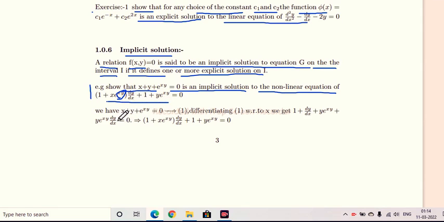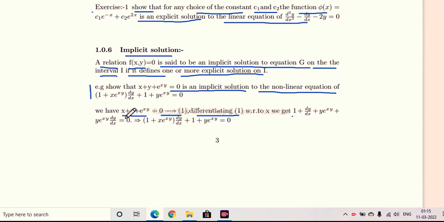Now check. Since we have the given equation, call it 1, differentiating 1 with respect to x, because in the above differential equation there is dy by dx, so we differentiate this.